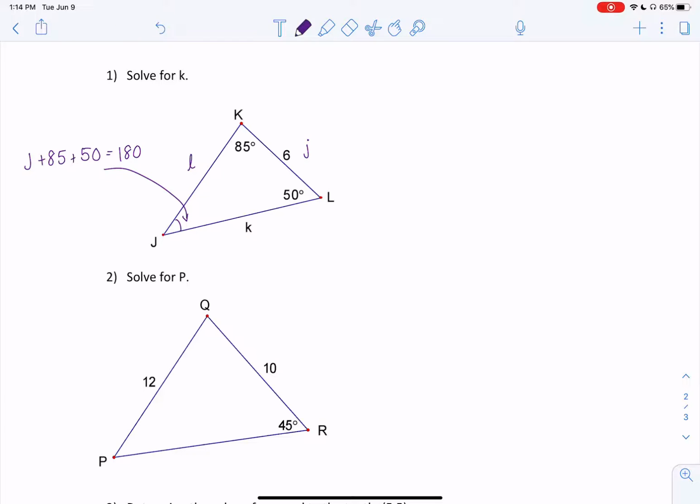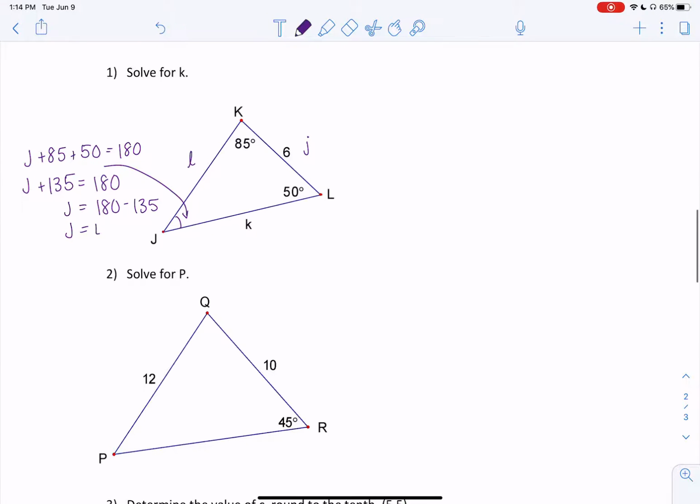So then I have J plus 135 equals 180. So that goes over to the other side. So sometimes you have to find all your angles first. So just be mindful of that before you think you can't use sine law. So now we have 45 degrees in here.